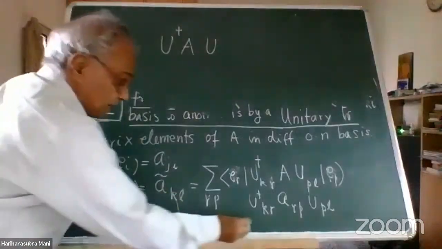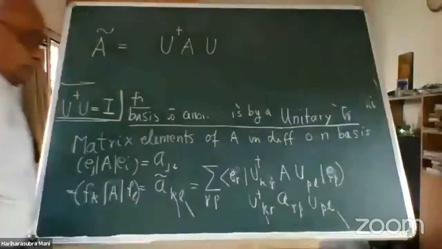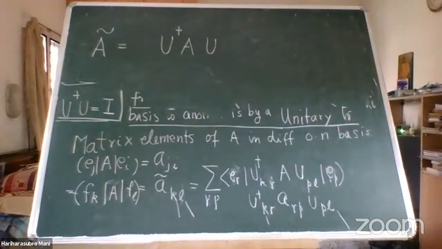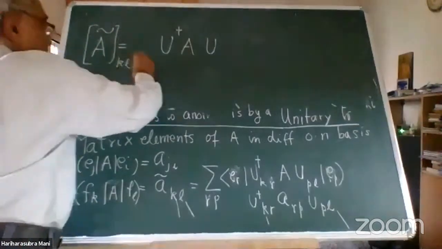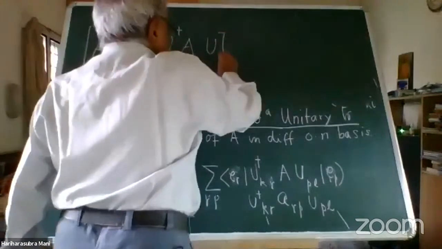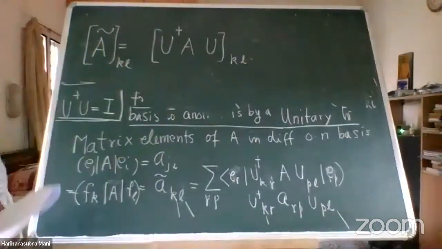Notice this is K, this is K. This is L, that is L. The one which I have written down is KL. This is how the two get related.